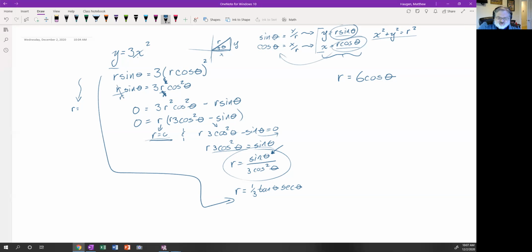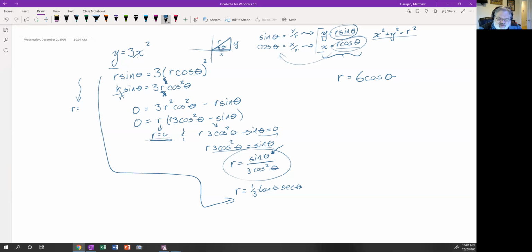Given those 3 relationships, turning something like r equals 6 cosine theta into Cartesian coordinates is often a little more difficult, because you can't just say, okay, any place there's a y, I'm going to put r sine theta. You can't just go, anywhere there's an r, what am I going to put? Or anywhere there's a cosine theta, what am I going to put?